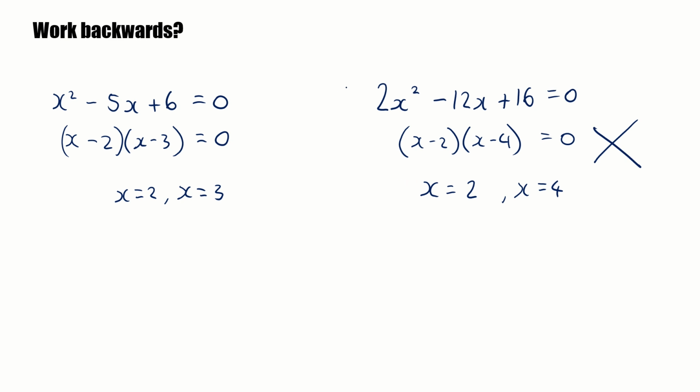Now, as a result, personally as a teacher, I don't recommend students going about it this way, because although there is a trick you can do to adjust for what's happening when it didn't work in this particular scenario on the right, the reality is a lot of students forget that and just mindlessly start doing this as a bunch of steps without reason, and then they just get it completely wrong.